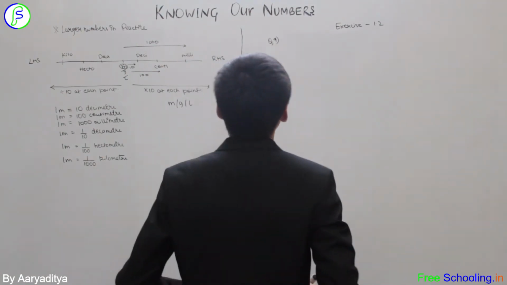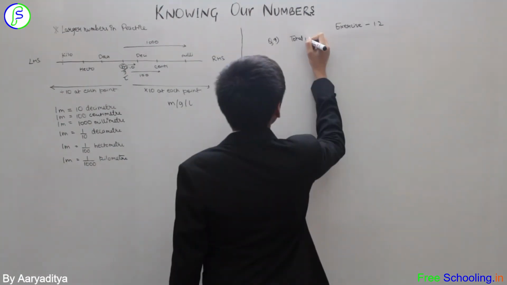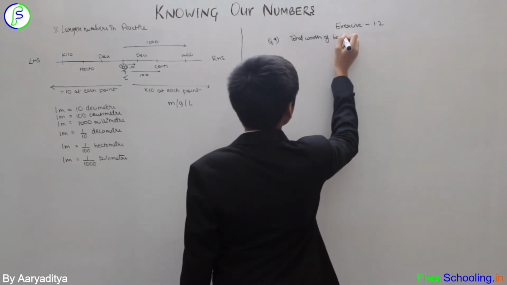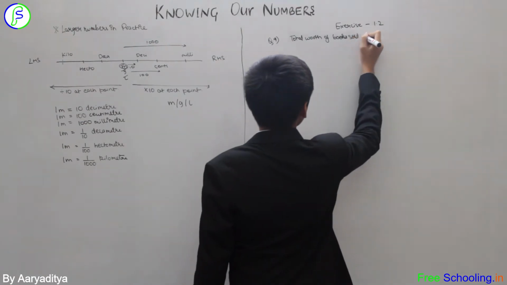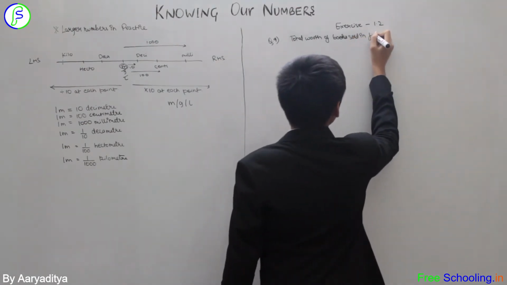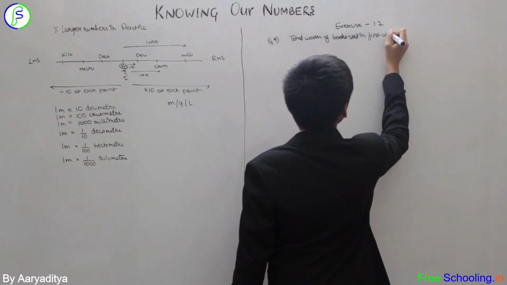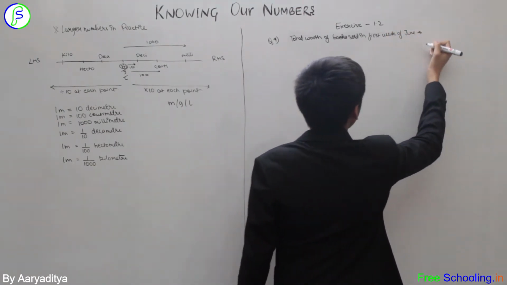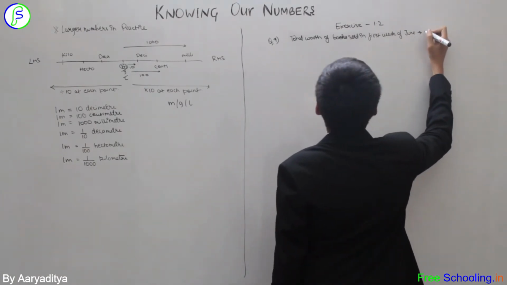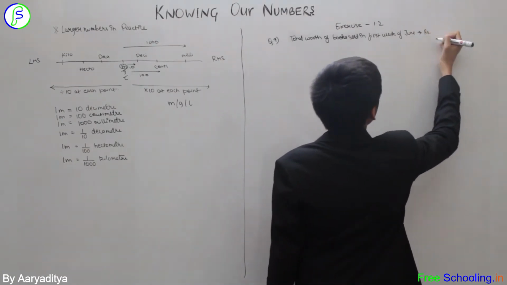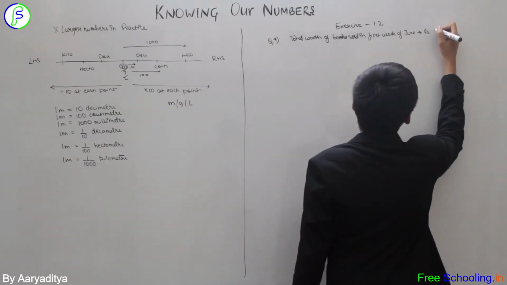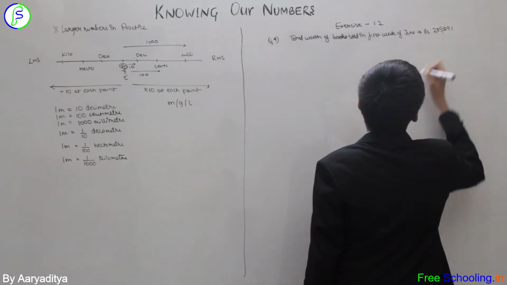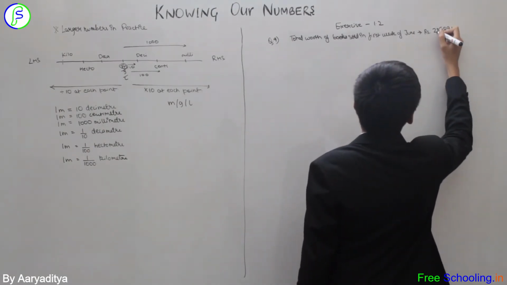Question 4. Let's start. Total worth of books sold in first week of June. So what was the worth of the books sold in first week of June? It was 285,891, inserting the commas. Sorry.